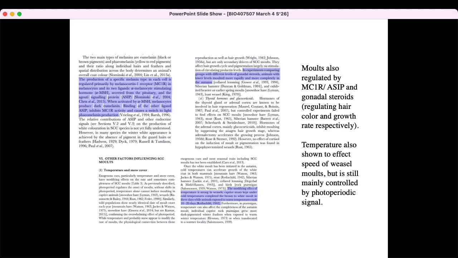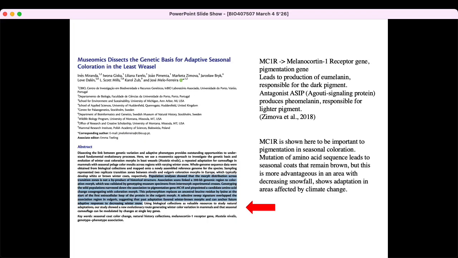There's one more slide which gets into the changing environment, where they found the MC1R gene is pigmentation, so that's melanin production, which is a dark pigment, and then the antagonist ASIP is for pheomelanin, which is for the lighter pigment.